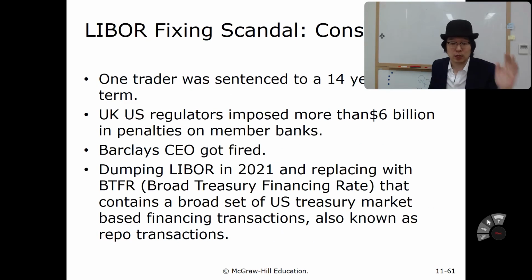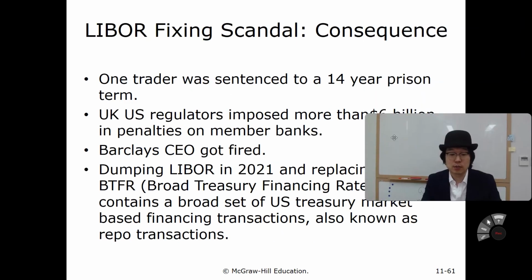What was the consequence, right? One trader was sentenced to a 14-year prison term, right? Fourteen years. And there were multiple traders. Those guys are still waiting for the, how do you say, verdict, okay? Sentence, right? Still to be made.